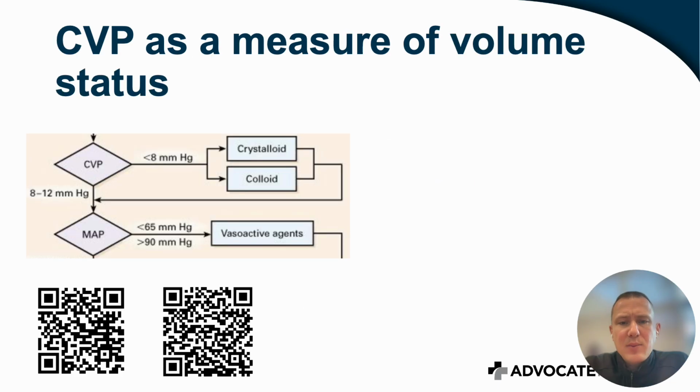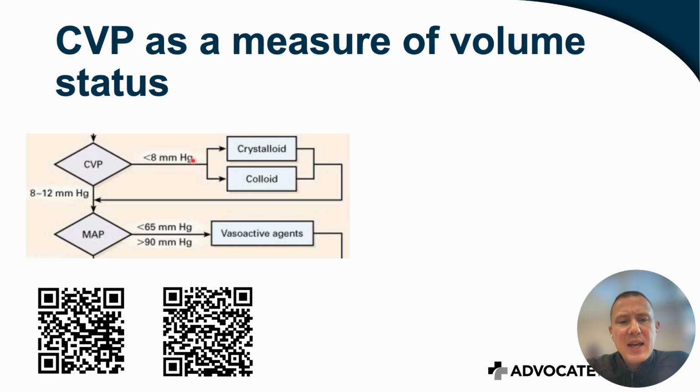So it's important to keep that in mind, and especially since a lot of us practice resuscitation by the Rivers trial or a lot of other literature that describes that maybe you should be infusing fluid until your CVP rises above 8.